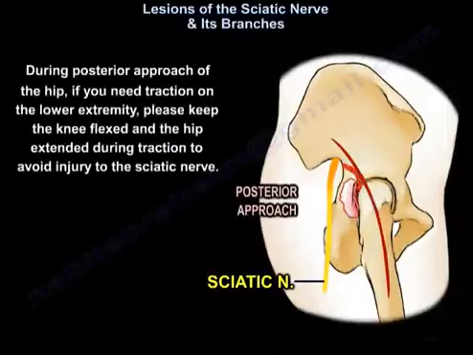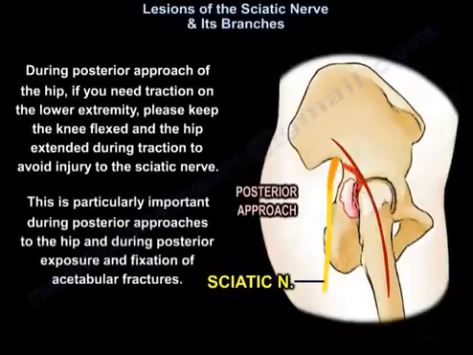During posterior approach of the hip, if you need traction on the lower extremity, please keep the knee flexed and the hip extended during traction to avoid injury to the sciatic nerve. This is particularly important during posterior approaches to the hip and during posterior exposure and fixation of acetabular fractures.